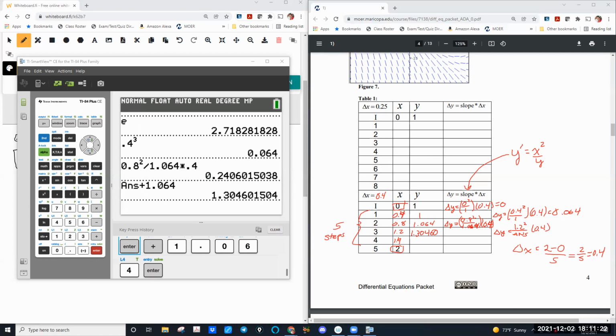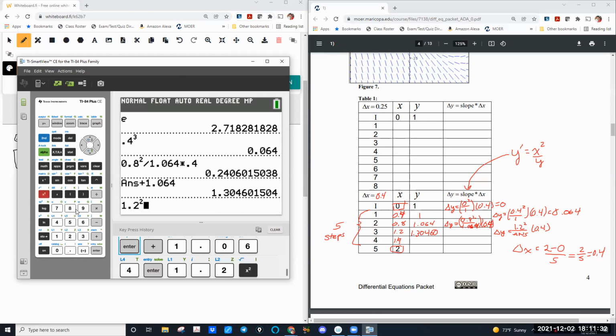What do I mean by that? So check this out. If you're not familiar with this, I got the 1.2 squared divided by second answer, because that's going to just take that whole unrounded number for me, times 0.4.